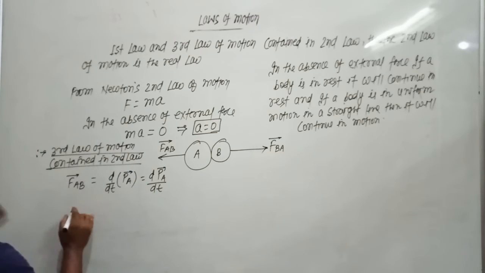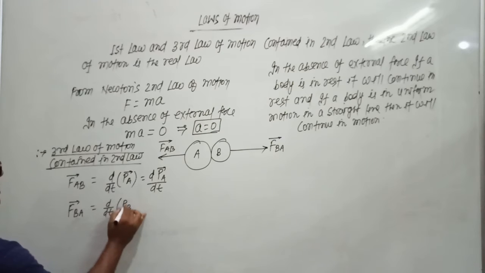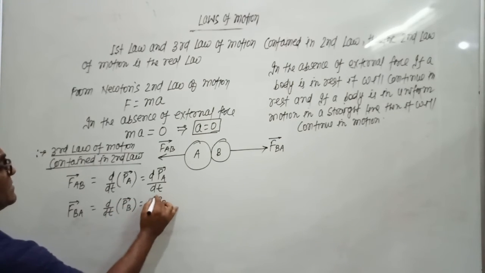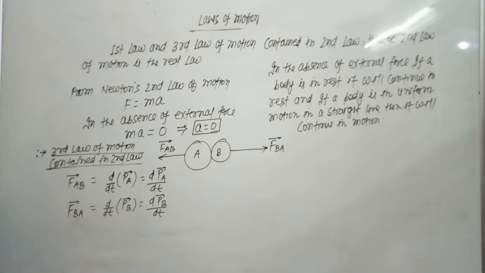Similarly, F of BA is given by the rate of change of linear momentum of body B, which is dPB by dt. So these are F of AB and F of BA.